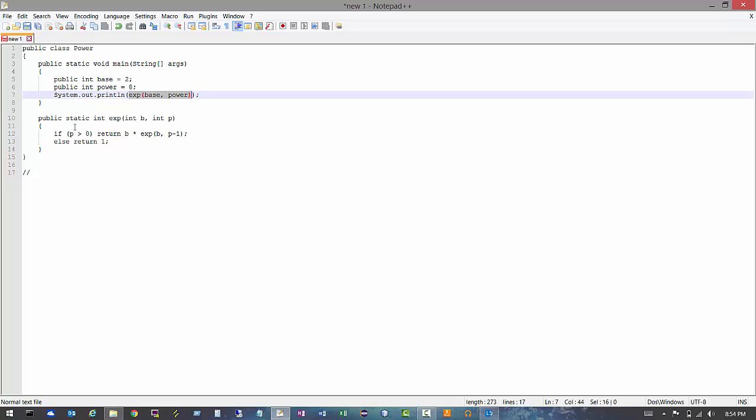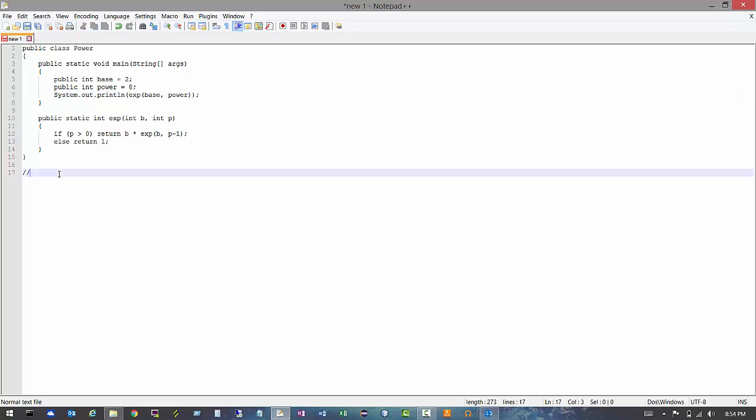When we check locally, they'll be called b and p instead of base and power. So we're checking, is the power greater than 0? Clearly 8 is greater than 0. So what will be returned is 2 times the exponent of 2 to the p minus 1, which is 7.